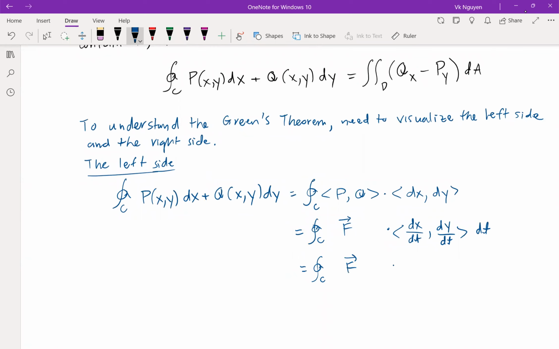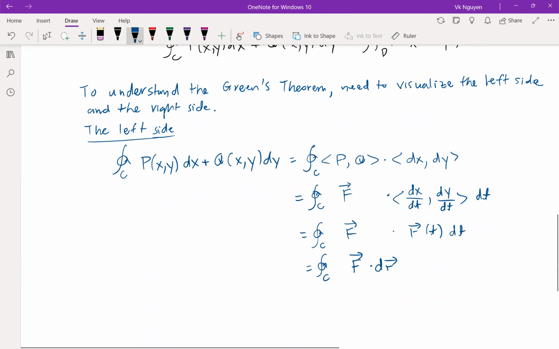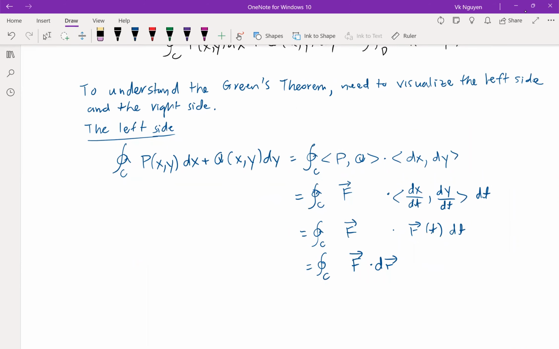F dot the tangent vector r prime of t dt. So what is this? F dot dr. But in the integral of F dot dr, you have a circle here. So the left side is exactly the circulation.